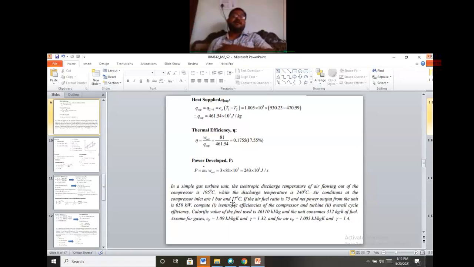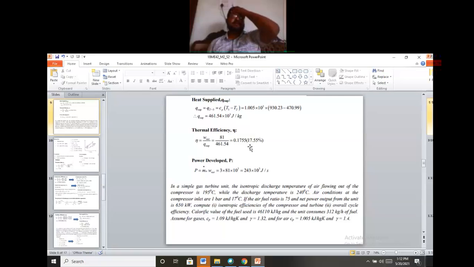You'll get Q supplied 461.54 into 10 to the power of 3 joules per kg. Thermal efficiency is W net divided by Q supplied, equal to 81 divided by 461.54. You'll get 17.54%.